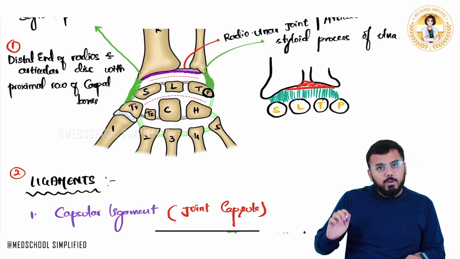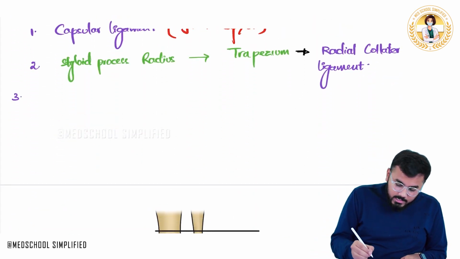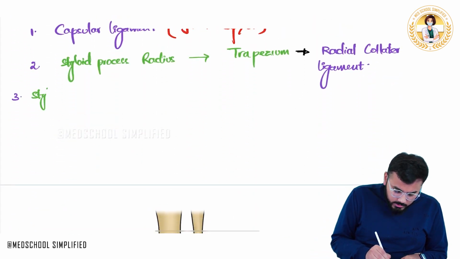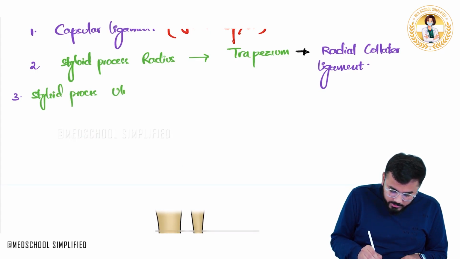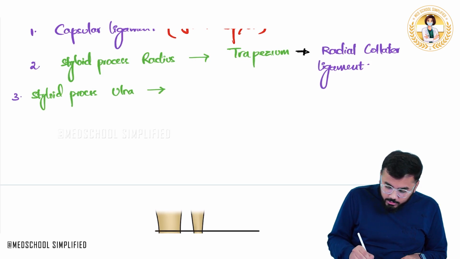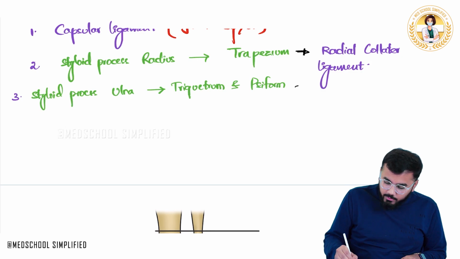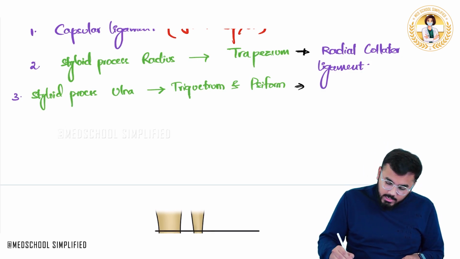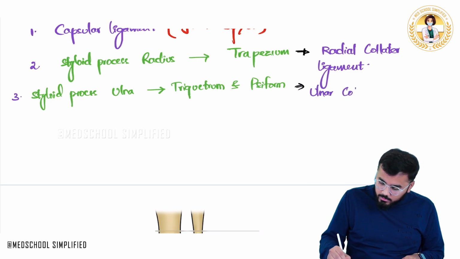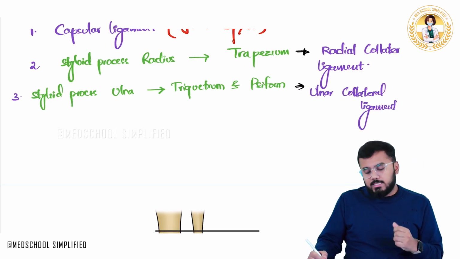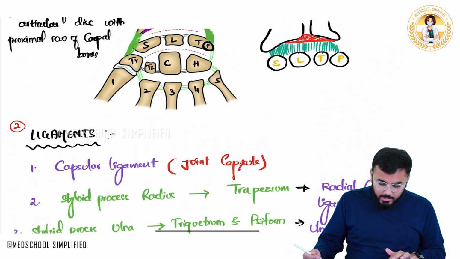So it starts from the styloid process of ulna all the way to triquetrum and pisiform. And what is this ligament? This is on the ulnar side. You call it the ulnar collateral ligament. One is called the radial collateral ligament, another one is called the ulnar collateral ligament.